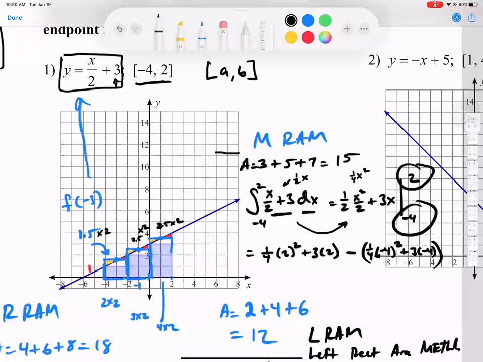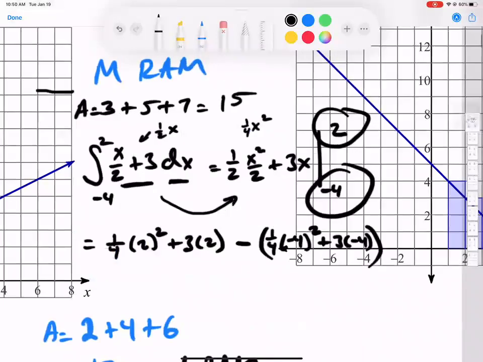Step 1 was simply just take the integral. Step 2, go ahead and plug in your interval, f of b minus f of a. Plug in the 2 minus plug in the -4. I wrote an extra parentheses to make sure everyone's being subtracted. That backside is all negative. It's going to be all flipped.